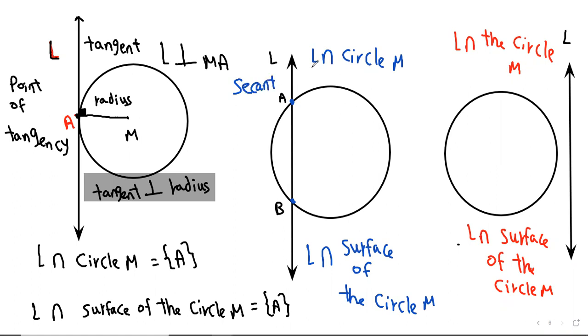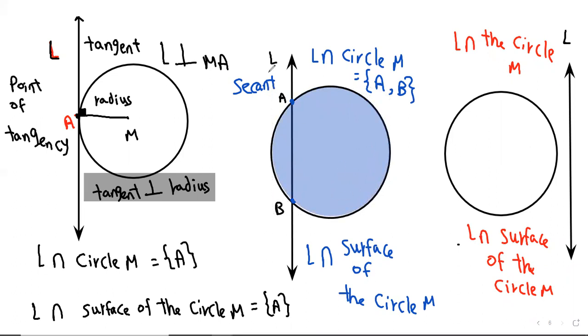Okay, and the straight line L intersects the circle M at 2 points, the point A and the point B. If I asked you about the intersection between the straight line L and the surface of the circle M, the surface of the circle means all the shaded part here.